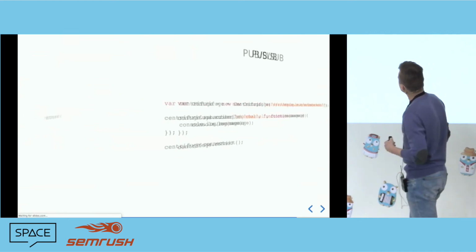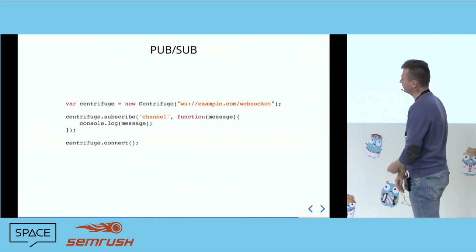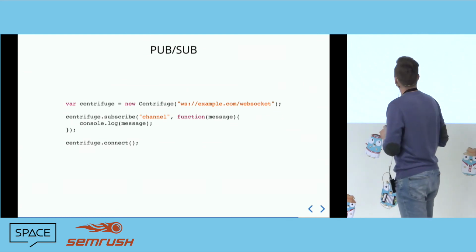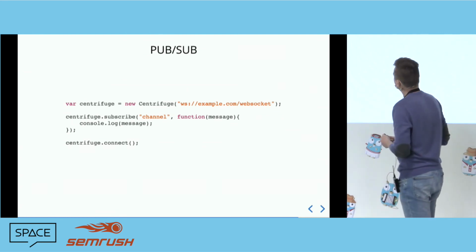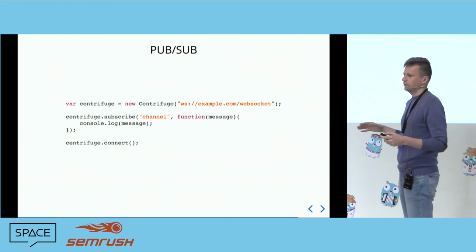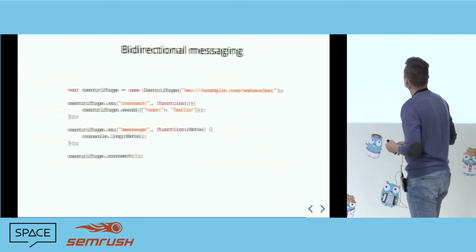Some examples of using the Centrifuge library from the client side. This is JavaScript. This is a pub/sub pattern. You create a Centrifuge object, subscribe to a channel, and have a callback to process messages from this channel, and then just connect.